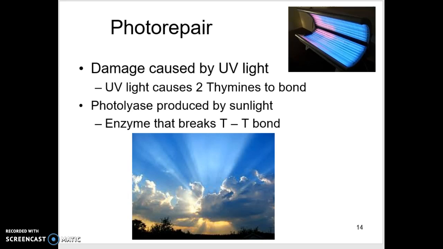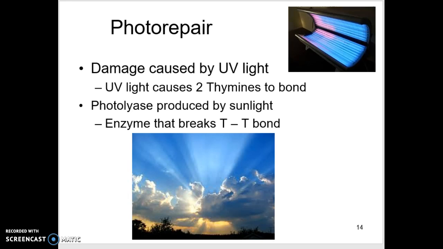It enables our body to produce photolysis because of exposure to sunlight, and that will potentially break up these thymine-thymine bonds that occur as a result of exposure to ultraviolet radiation. So there are these natural mechanisms built into our body that are hopefully trying to correct mistakes in DNA.